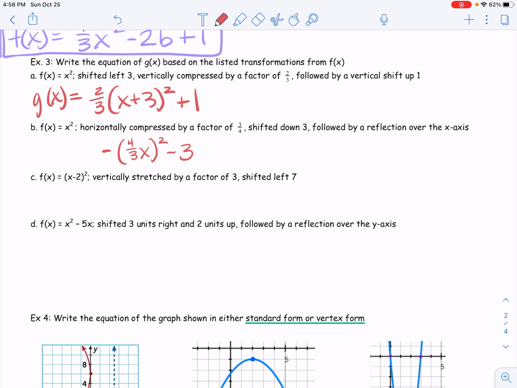I'm going to leave it like this. Technically, you could go negative 4/3 x squared plus 3, because if I go down 3 and then reflect over the x-axis, I'm really going up 3. So these are the same thing. So really this would kind of be your final answer.